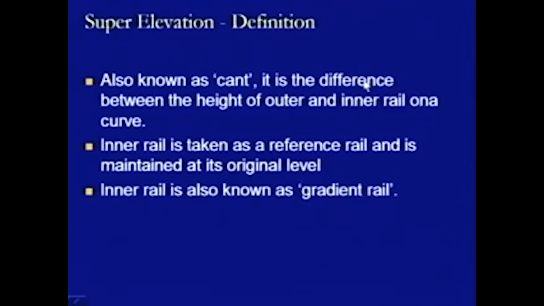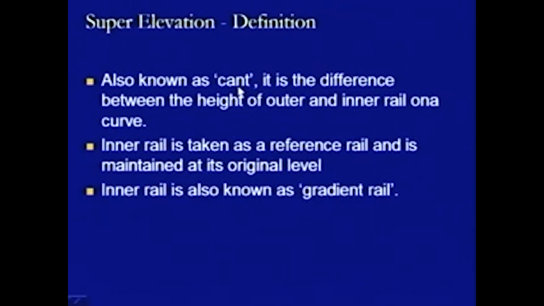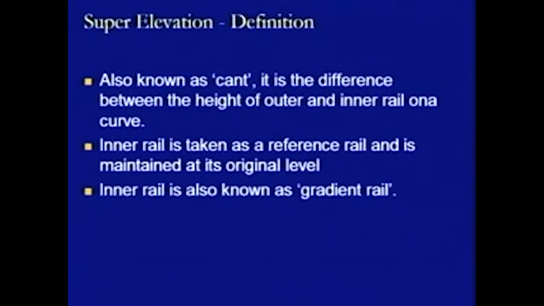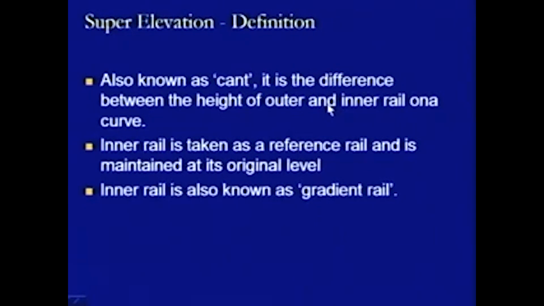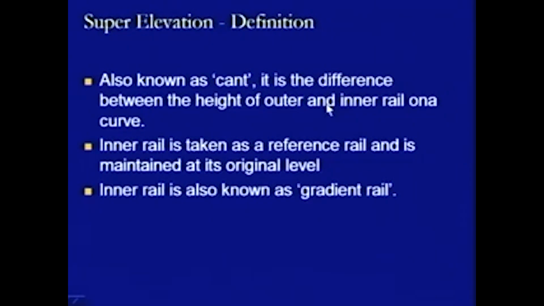The super elevation is therefore defined as the distance by which the outer rail has to be raised with respect to the inner rail, so as to reduce the effect of the forces coming due to the curvature in the alignment. Those forces are nothing but the centrifugal force, which acts in the outward direction, and to nullify that, we raise the outer rail with respect to the inner rail.